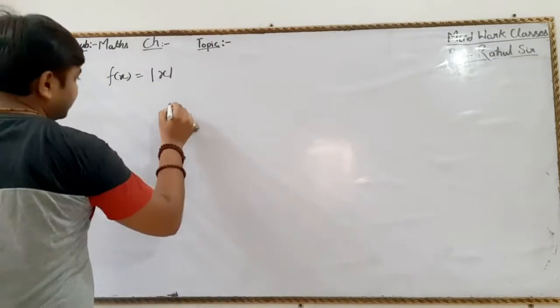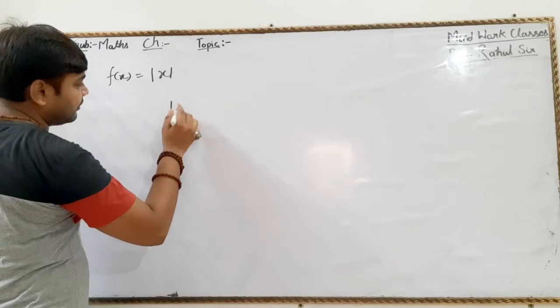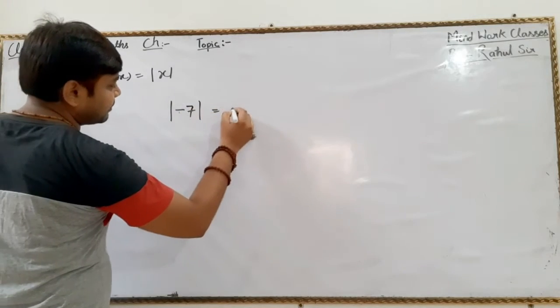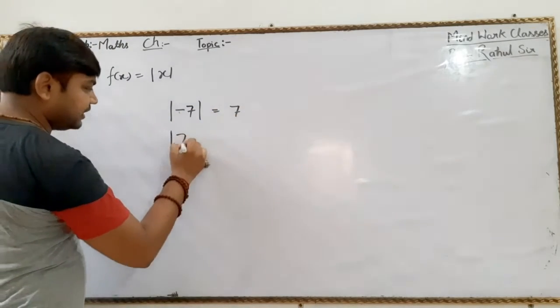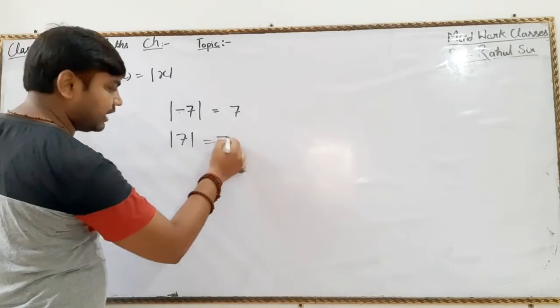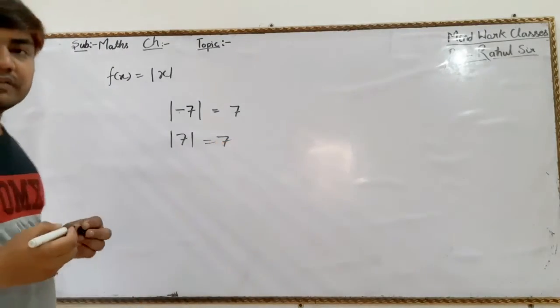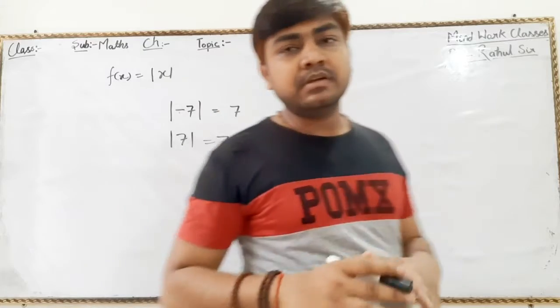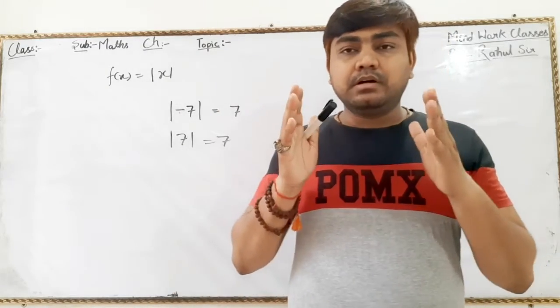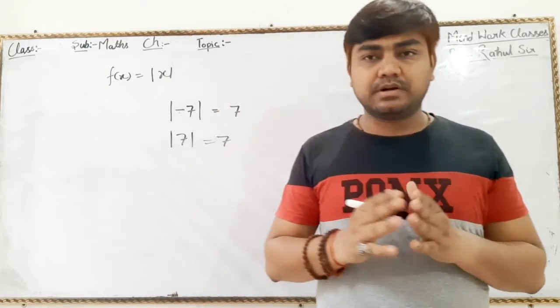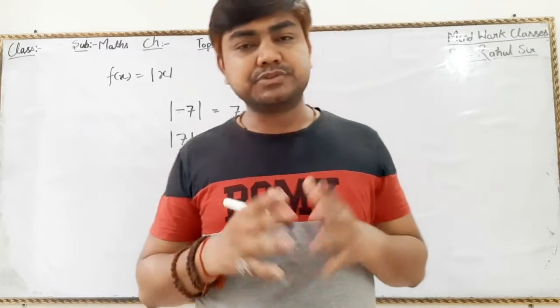Let us say if we take mod of minus 7, it will be equal to 7. If we take mod of 7 only, then it will also be 7. That means mod always gives you a positive number.